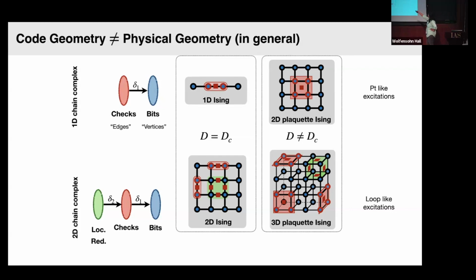The point here is that if you now go to 3 spatial dimensions, in principle, that should give you V0, V1, V2, and V3. But now you see that you've only embedded a 2-dimensional chain complex in 3 actual spatial dimensions. So if I look at a 3D plaquette Ising model, this is an Ising model, again, where every plaquette is my check.